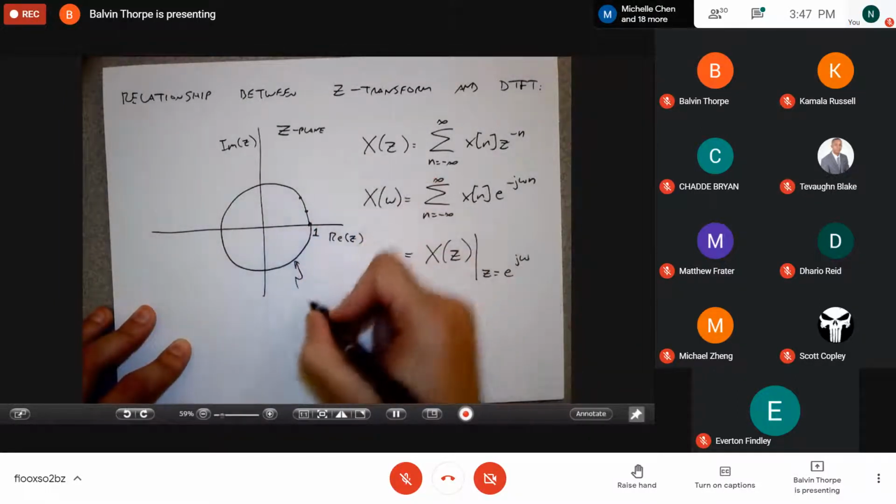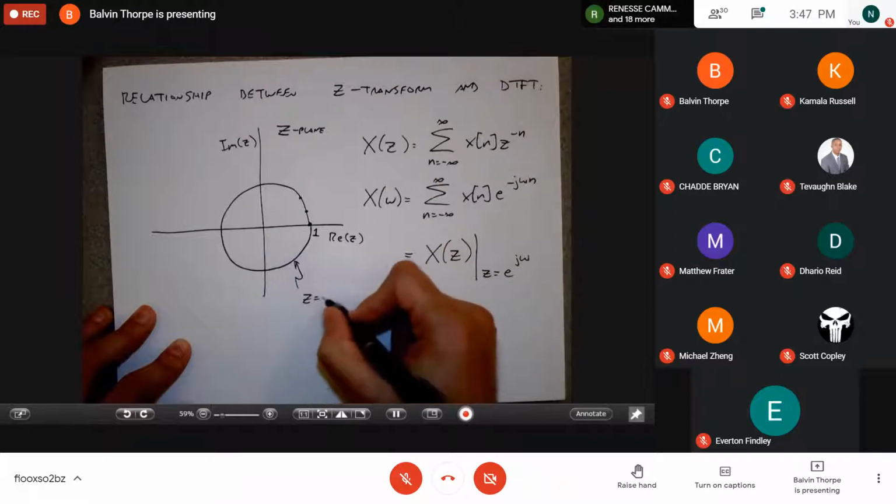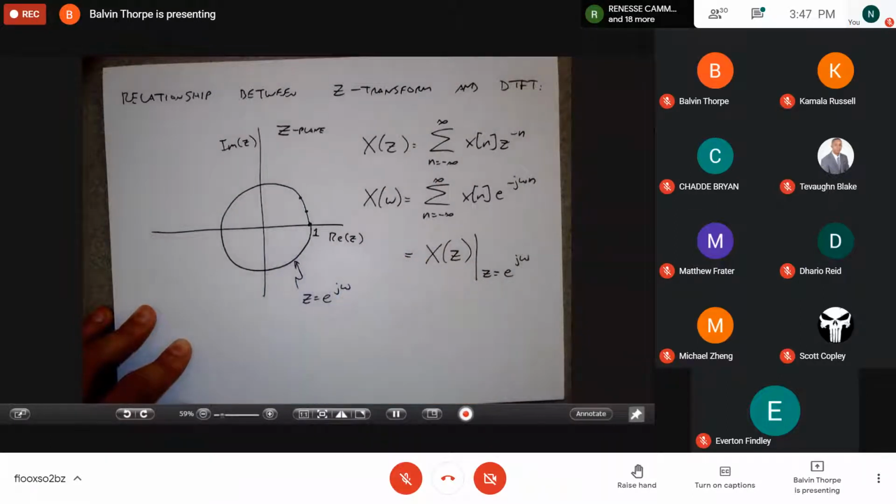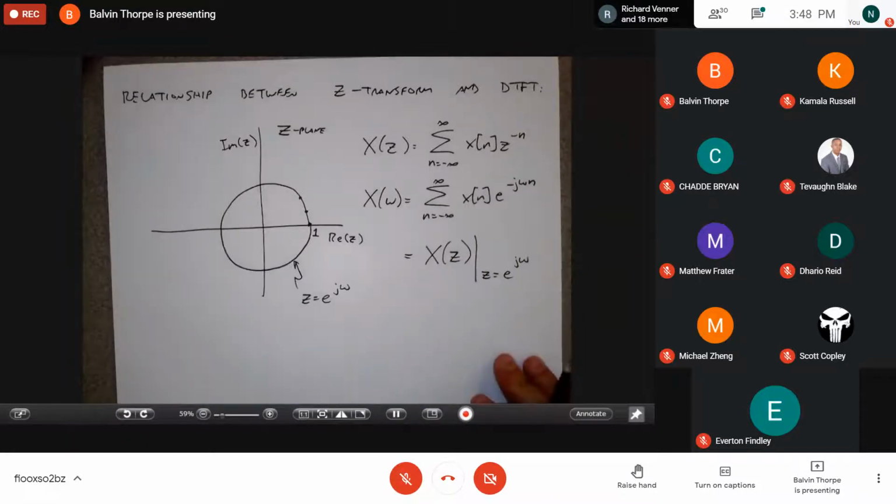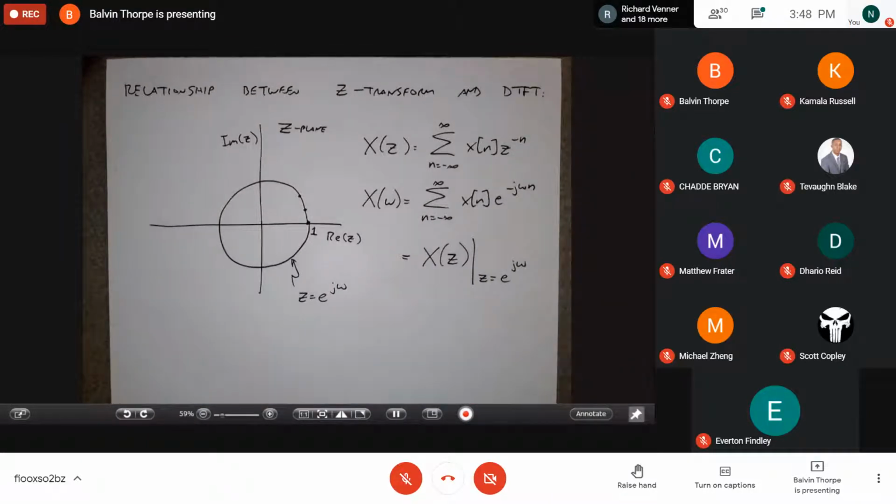This sketch is z equals e to the j omega. I'm going to talk about this concept in more detail in this lecture, because one thing you should remember about the Z transform, which may be familiar from Laplace, is that it has what's called a region of convergence. This function X of z isn't automatically defined for any z that you choose. It's only certain z's that make this formula converge.